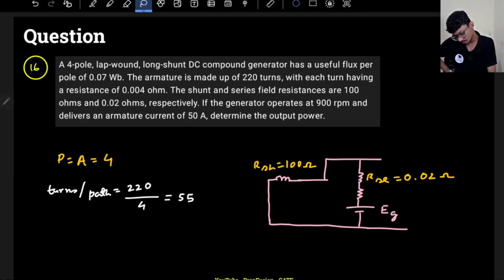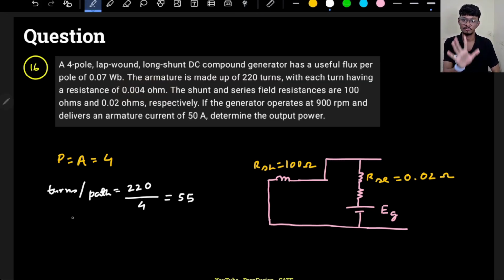Now there are 55 turns in a single path, and each turn has this much resistance. So what will be the total resistance of a single path? That's why I have told you not to mug up the formula.